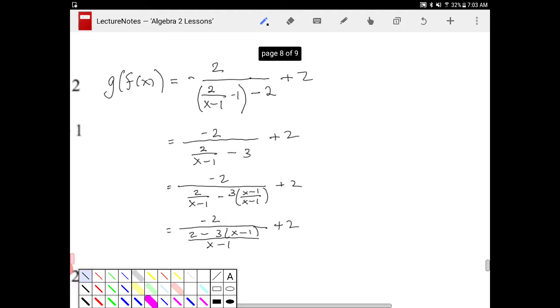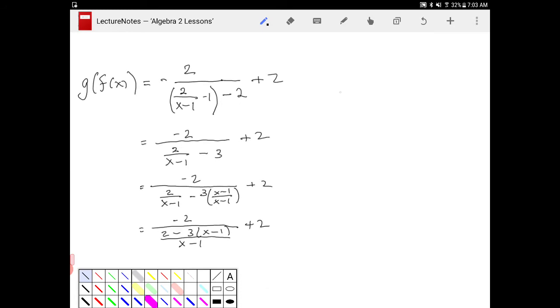We're almost there. So I'm going to continue simplifying. I get negative 2. The numerator of the denominator becomes 2 minus 3x plus 3 all over x minus 1.